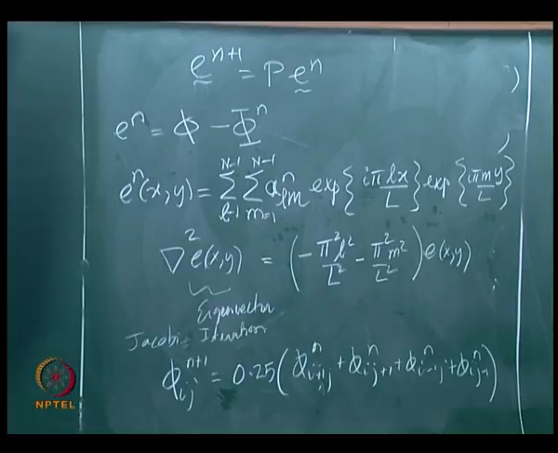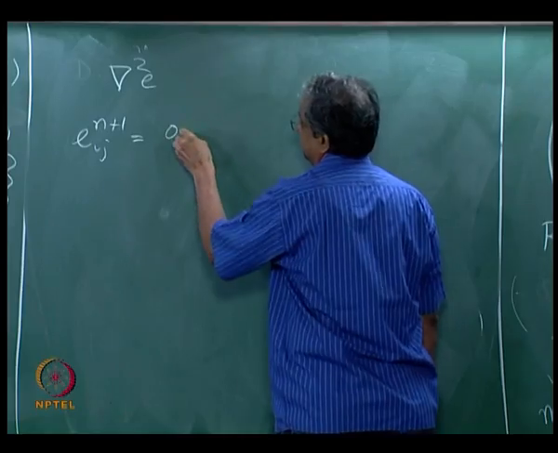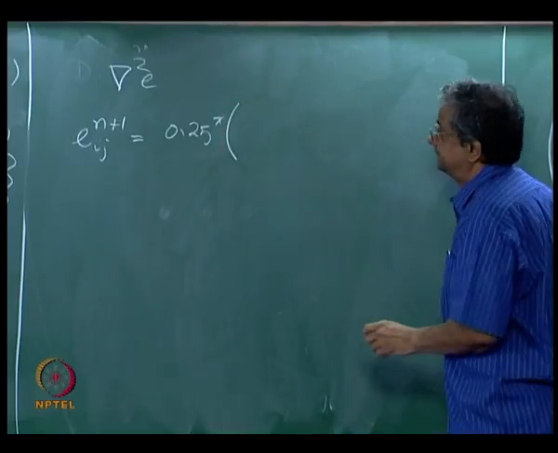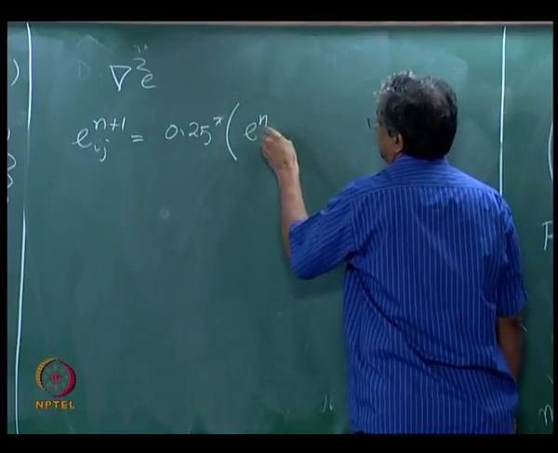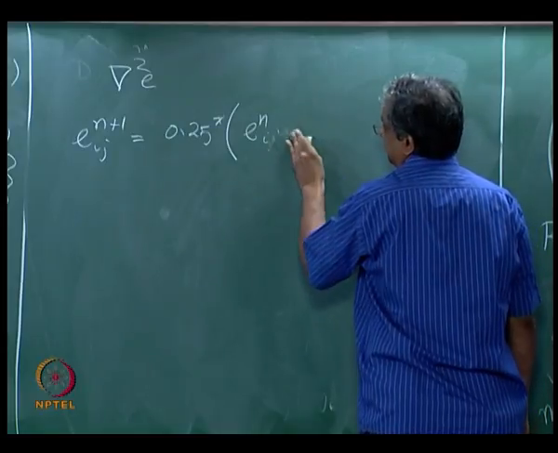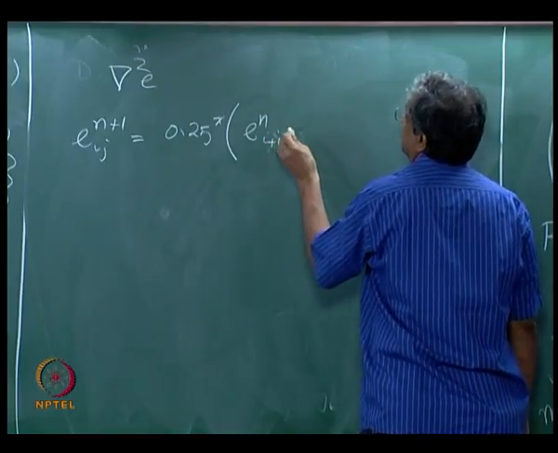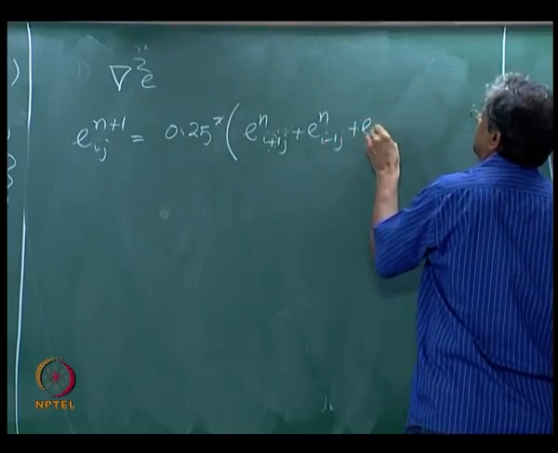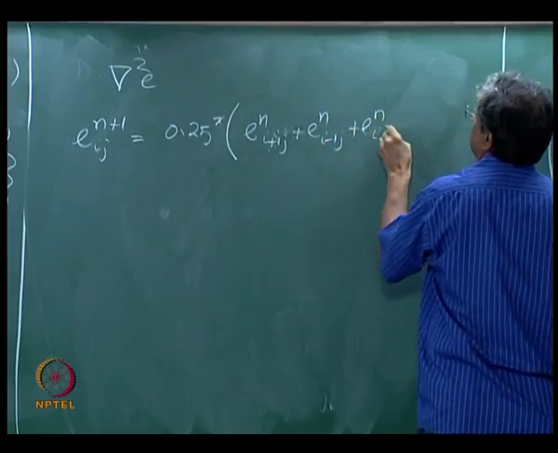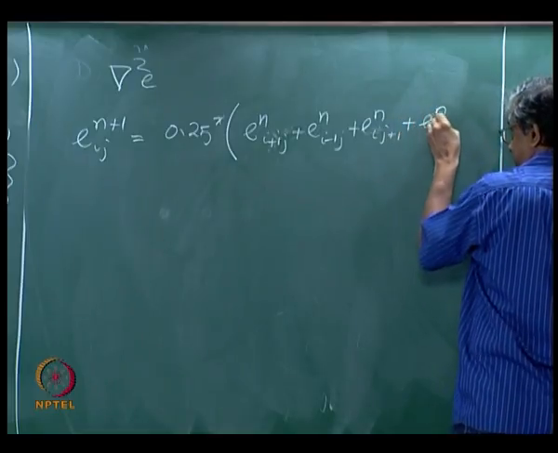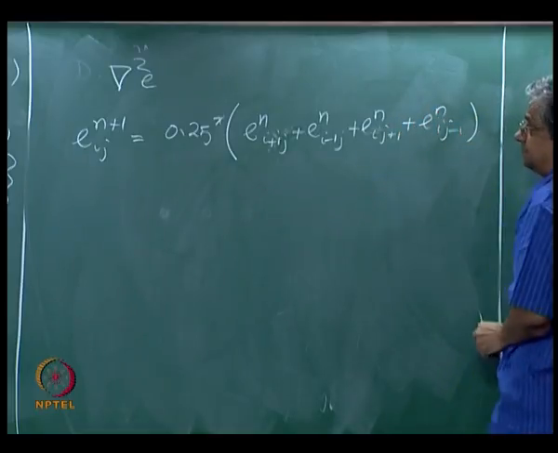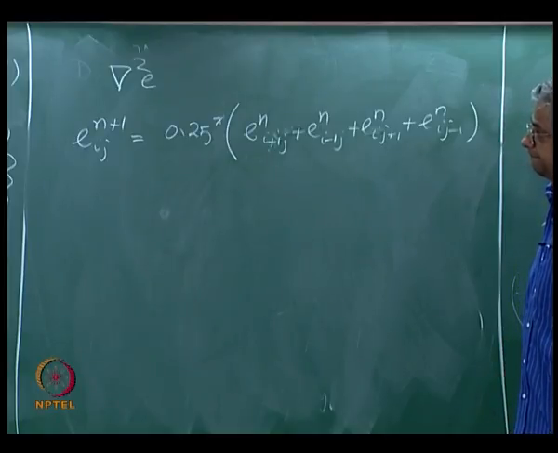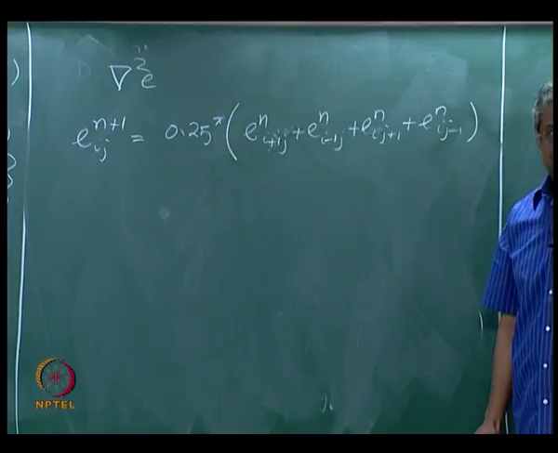E^(n+1) at ij is 0.25 times E^n at i+1,j plus E^n at i-1,j plus E^n at i,j+1 plus E^n at i,j-1. They are all equal intervals.